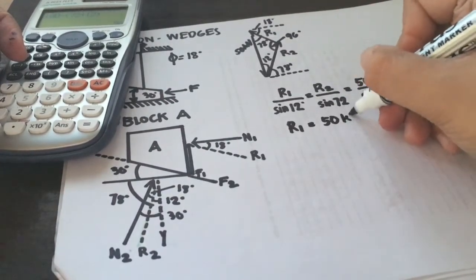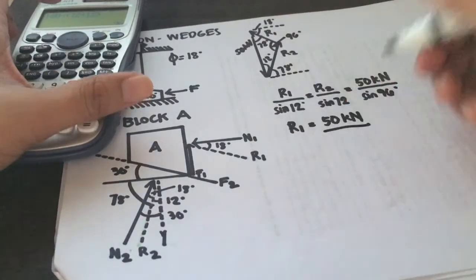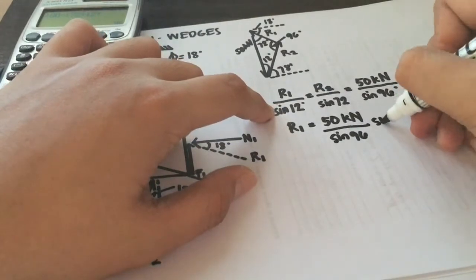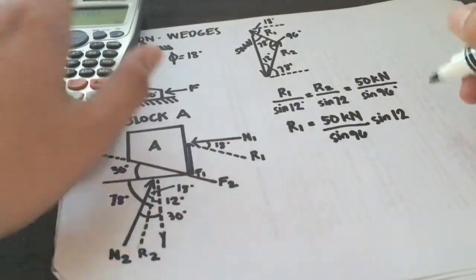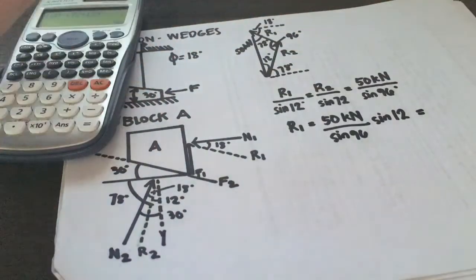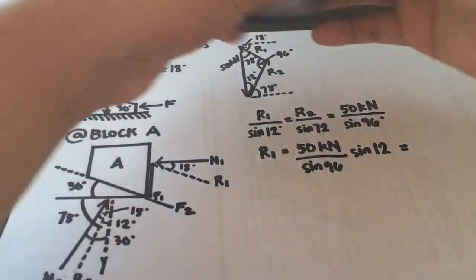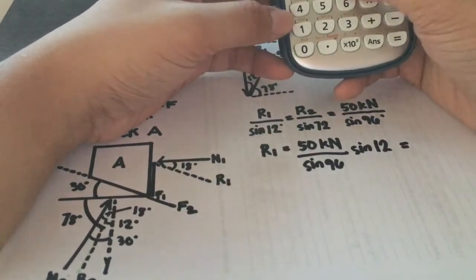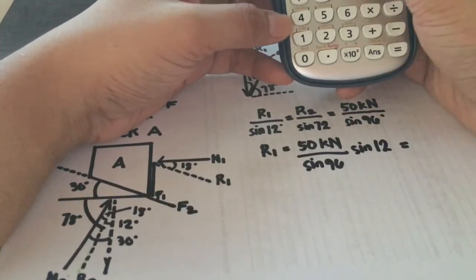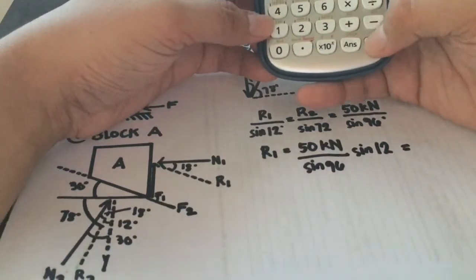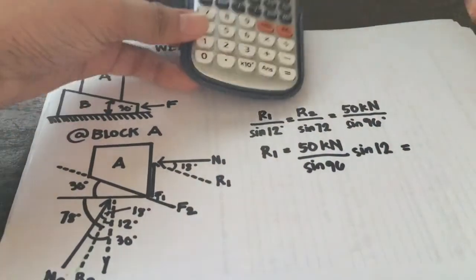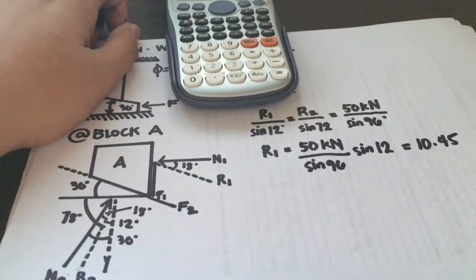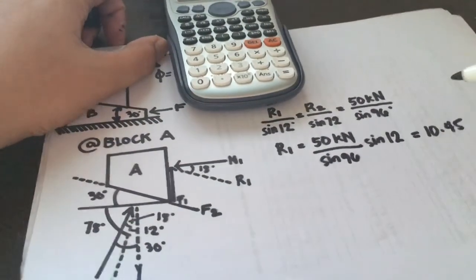So 50 kN over sine 96 times sine 12, and we have 10.45 as our R1.